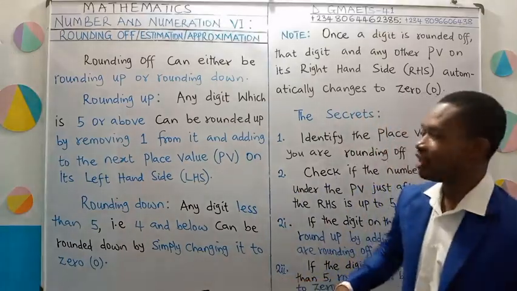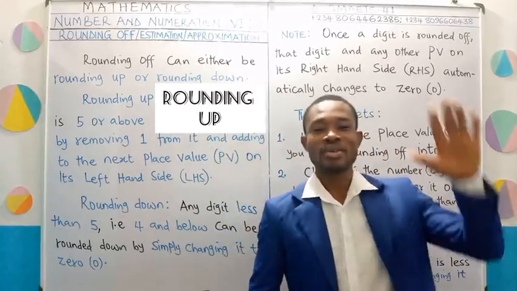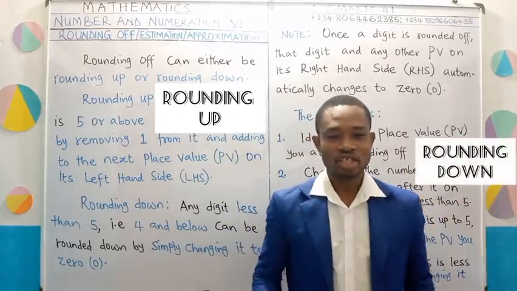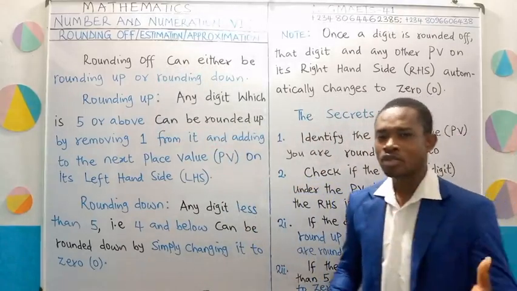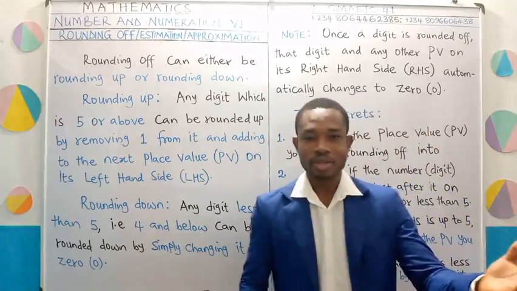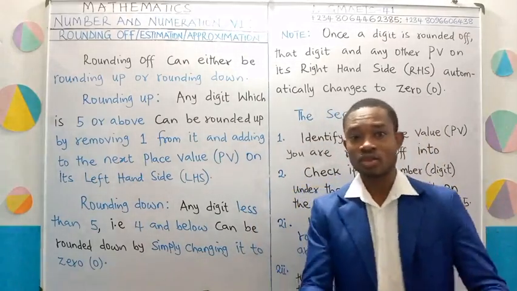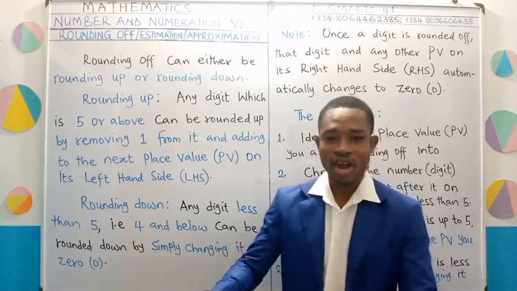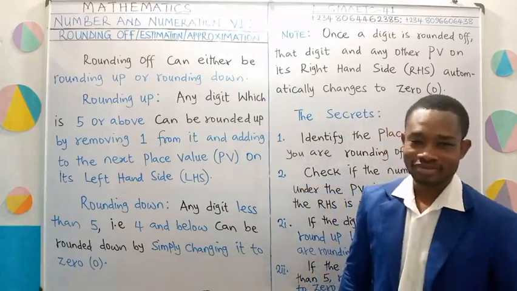So the question could be, what is rounding up, and what is rounding down? The short note will guide you, but I'll quickly give an explanation. And this will help us to know what we can do for our customer who never had maybe 5 naira to add to the money he's to pay, or who never had 3 naira. What is rounding up?